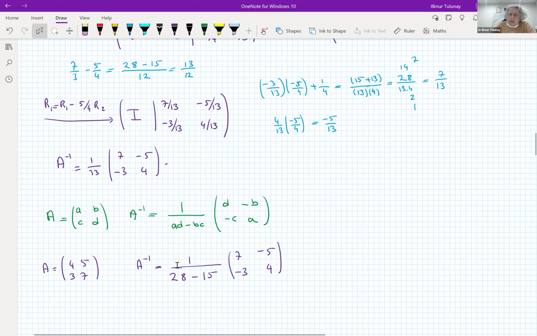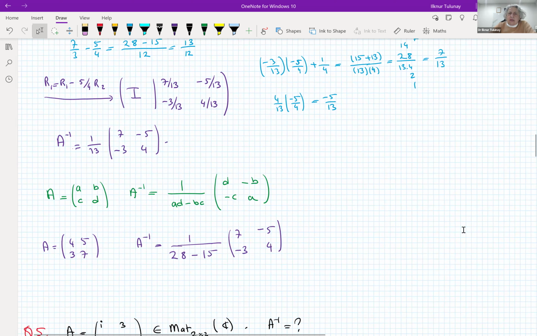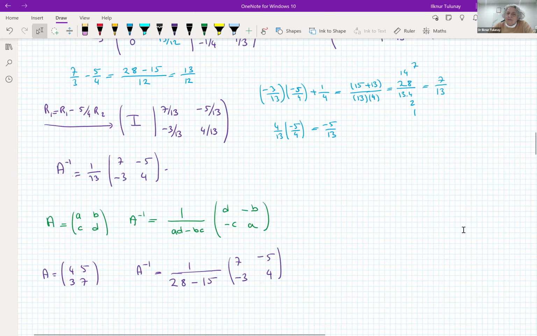So this is 1/13, and we swap these two positions, so 7 here, 4 here. We negate this position and this position, so it's -5, -3. This is 1/13 times 7, -5, -3, 4. That is A inverse, how to find it.